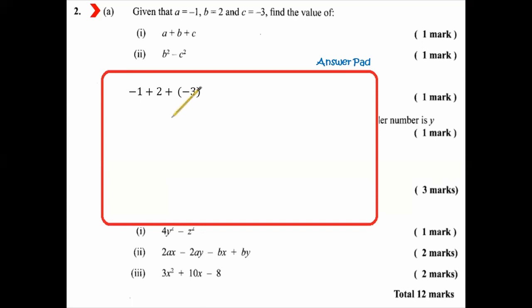So if we take 1 from 2 here, we end up with a minus 1. Oh no, when we take the 1 from the 2, we're not going to end up with minus 1. What we'll have is 1, right?